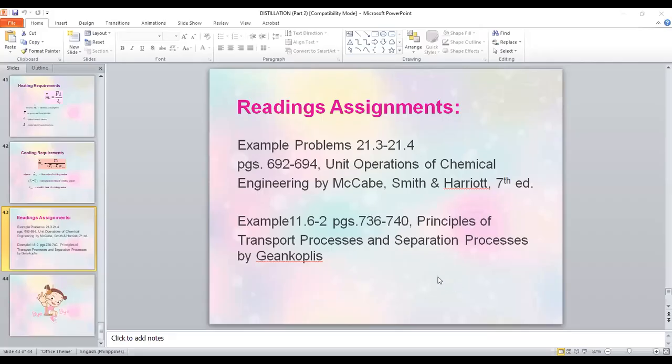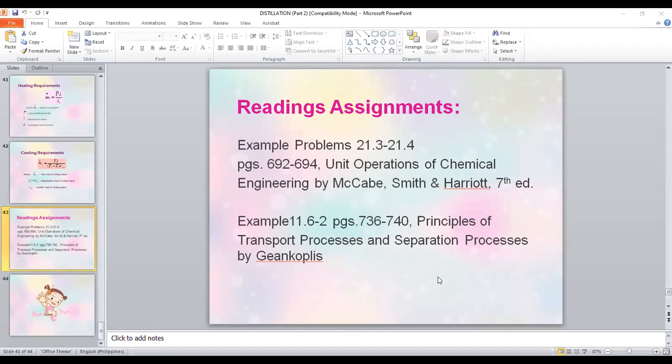In your reading assignments, I put 21.3. Let me just check. If you read the sample problems, you are okay. 21.3 and 21.4 in McCabe.